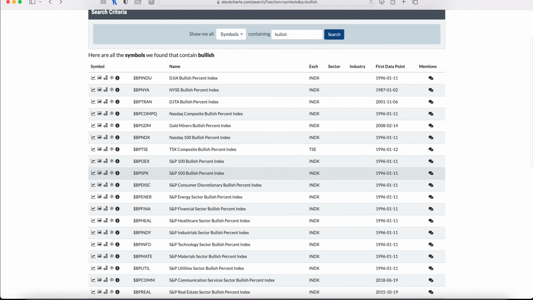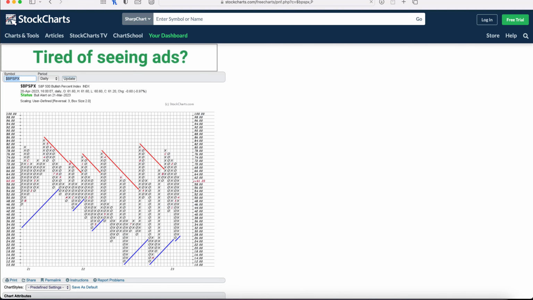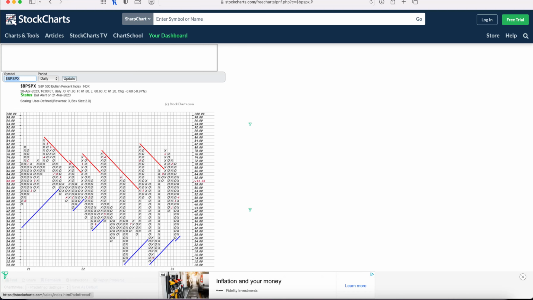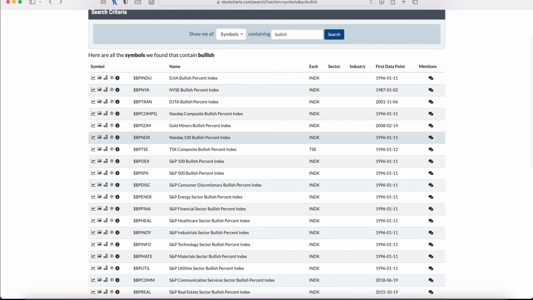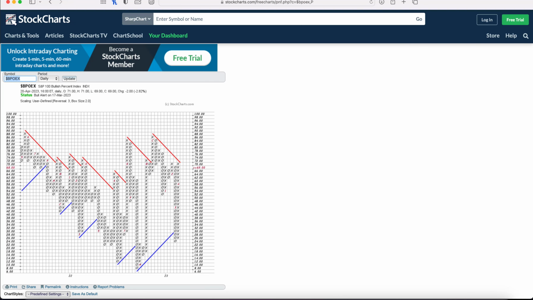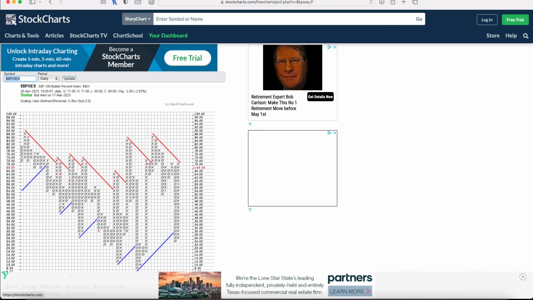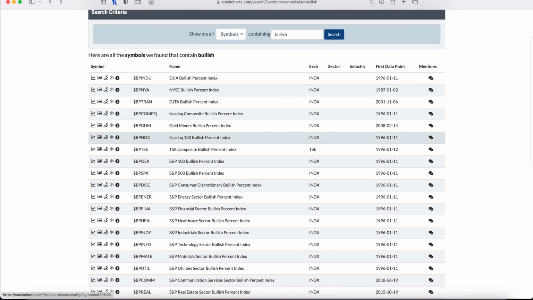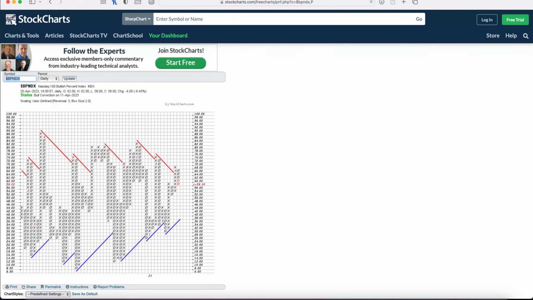The S&P 500 down almost 1% today. The OEX, the S&P 100, down 2.82%. The NDX tacked on some O's to the downside.